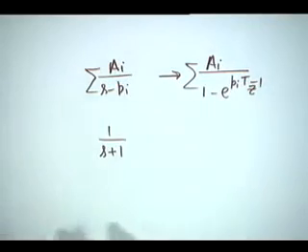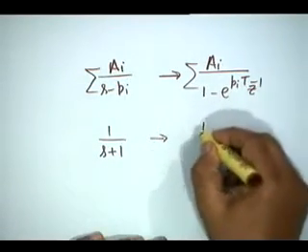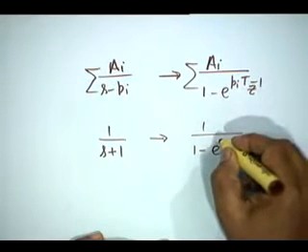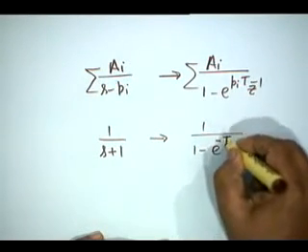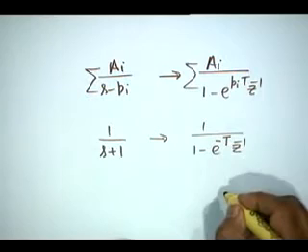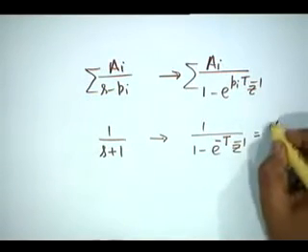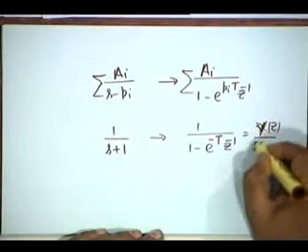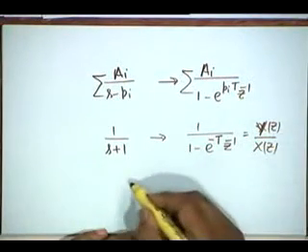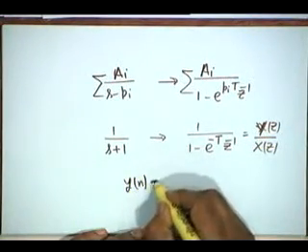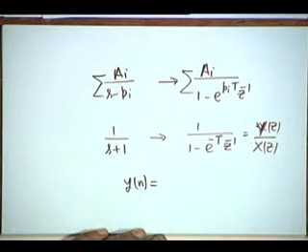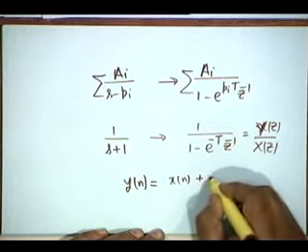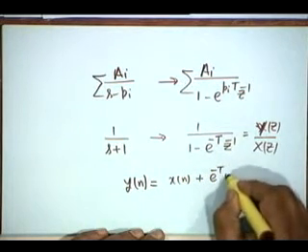This transforms to 1 by 1 minus e to the minus t z inverse, which means if this is written as y z by x z, then the difference equation would be y n equal to x n plus e to the minus t y of n minus 1.